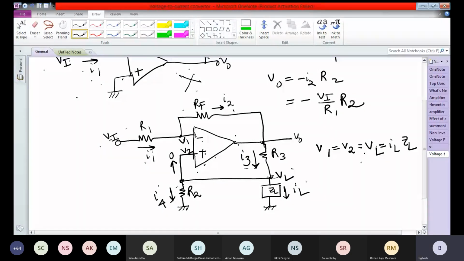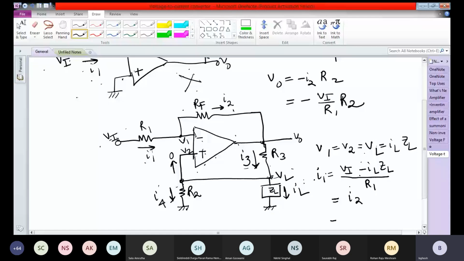The current I1 is (VI minus ILZL) by R1, and that is equal to I2.